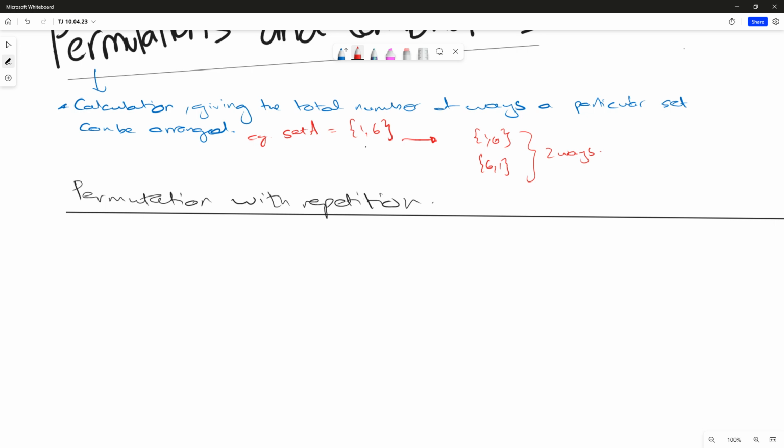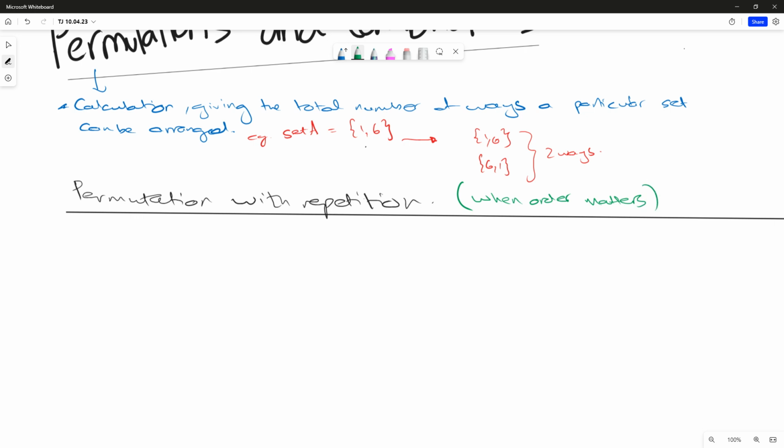Now, permutations can be divided into different parts. The first one is a permutation with repetition. When we permutate with repetition, we use permutation formulas when order matters. So this is when the order of how you arrange it matters.